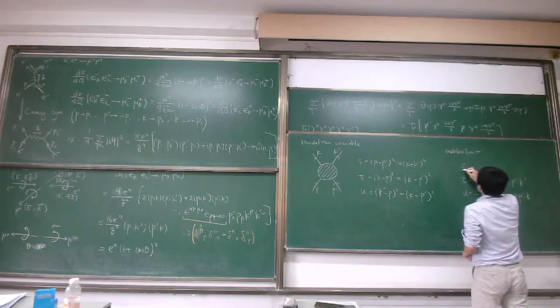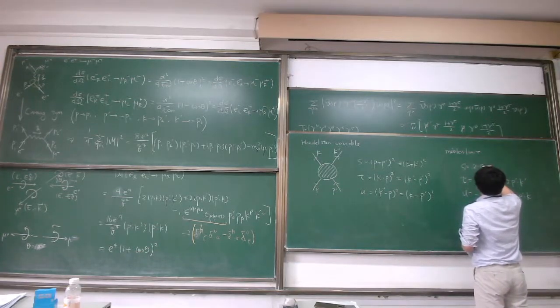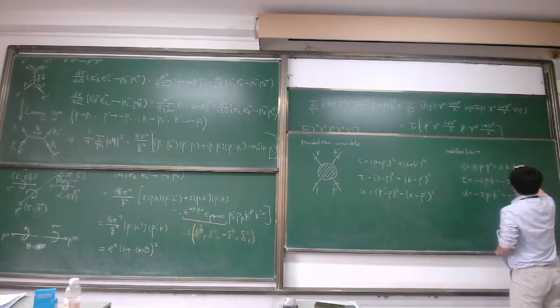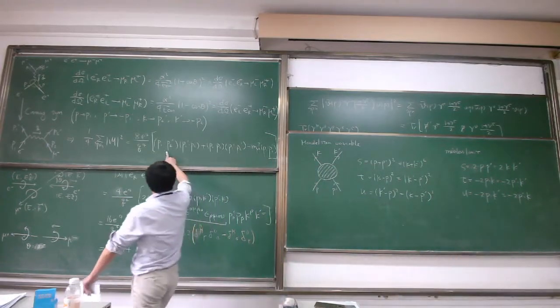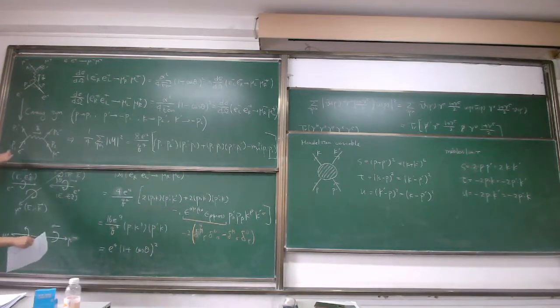So S is equal to, of course, 2 P dot P prime is equal to 2 K dot P prime. So as you can see, here is just a S square. And here P1, P2 corresponds to P1, I'm sorry, I'm telling you wrong thing.